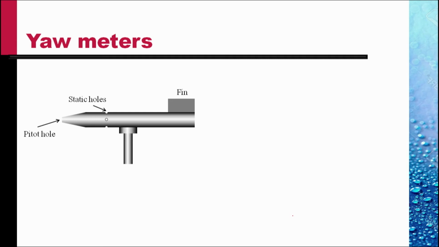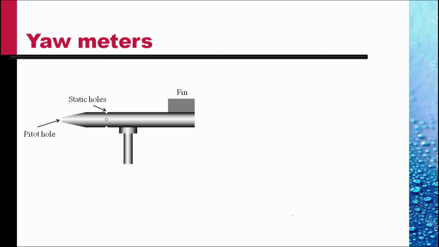If the tube is pitched up, that is, if its nose is tilted upwards, then the pressure at the bottom static hole is more than the pressure at the top static hole.